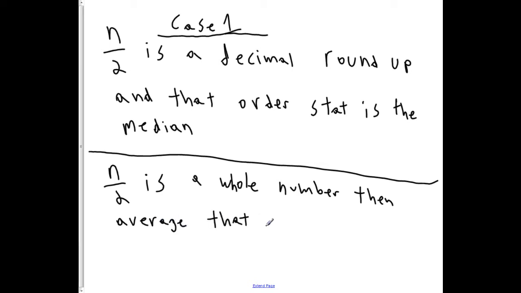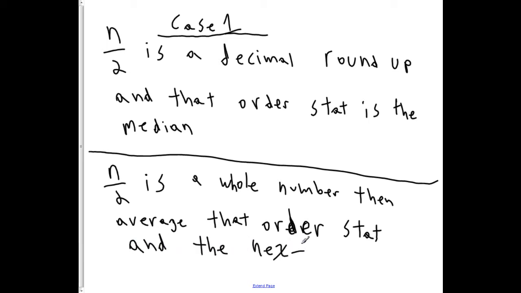And that is how we will find the median. So I've given you an example of both of those, and this is how we are going to find the median for raw data.